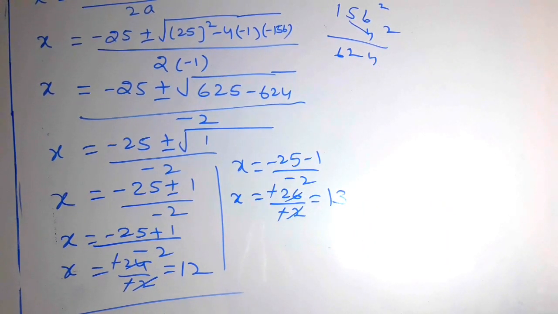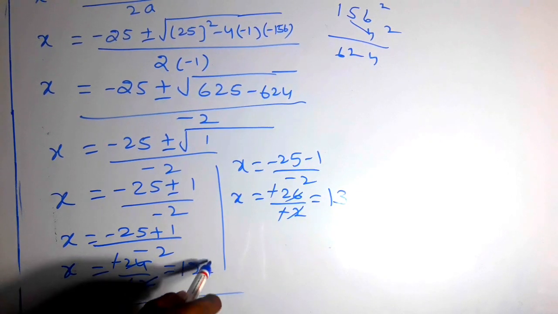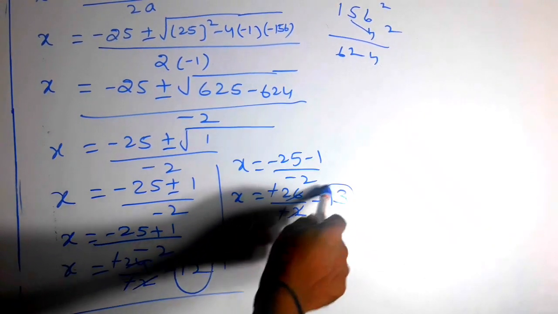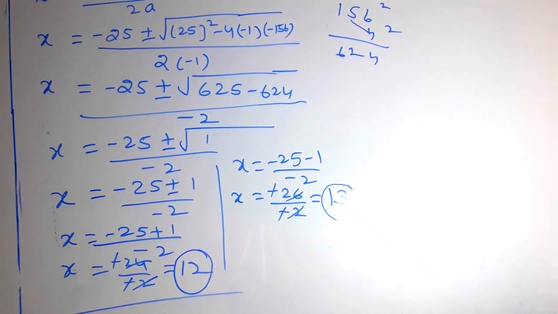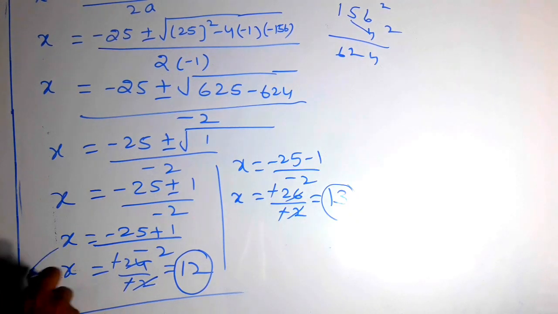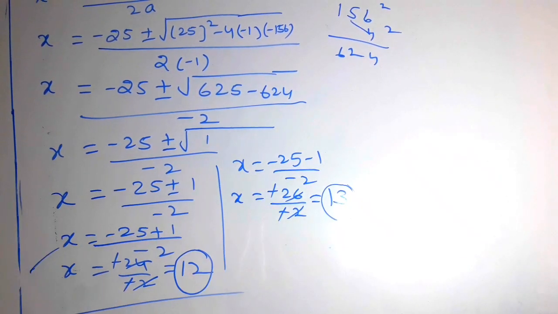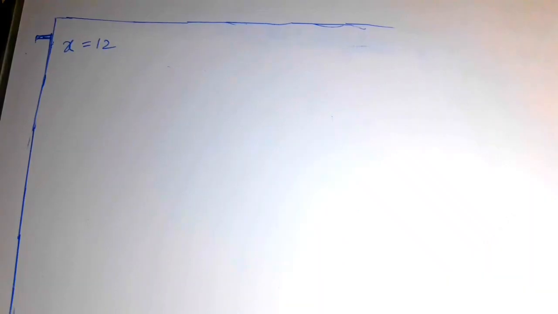So here we are getting two values for x. So x is equal to 12, x is equal to 13. So in the question we took the marks she got in maths as x. So there is a possibility of getting 12 marks or 13 marks. Okay, now we will see. If she got 12 marks in maths, the number of marks in English is y is equal to 30 minus x.